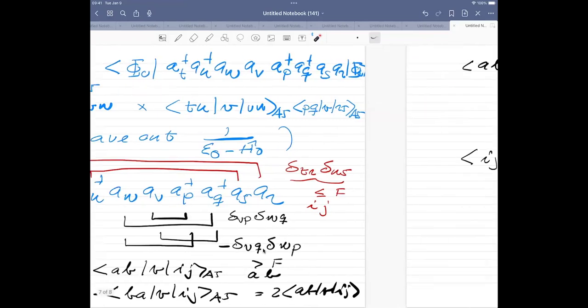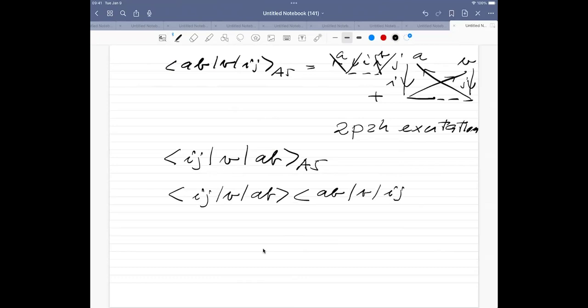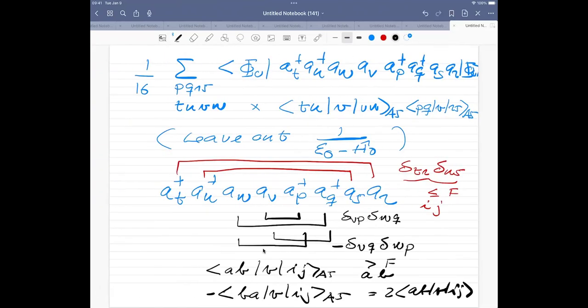If we do that, we get a similar anti-symmetrized matrix element, so we get <ab|V|ij>, and I'm skipping the anti-symmetrization sign. I have two such terms, which follow from the contractions here.